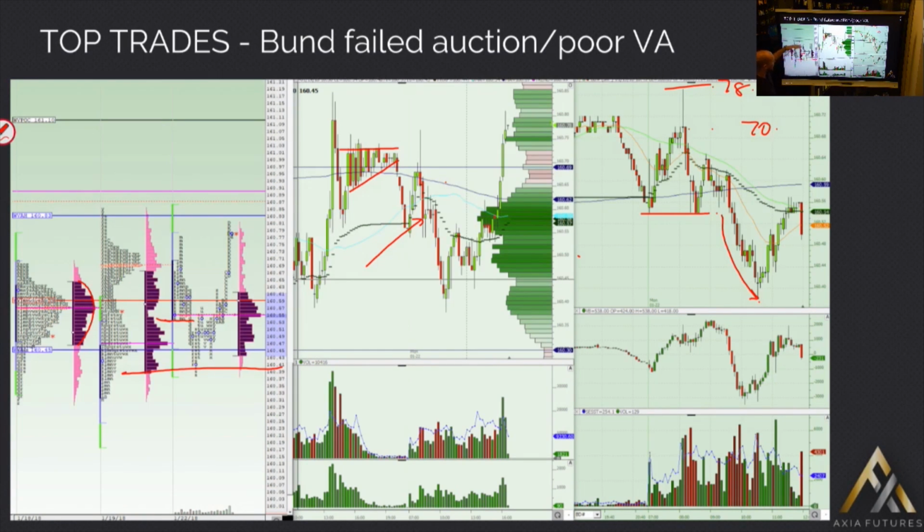We got the fill out of the poor value area. However, it's how you get into these trades, and using these shorter time frames to allow you to access a trade that you always felt was there gives you some of the best risk reward. If you wait too long for confirmation, you can often end up missing out on the whole trade, or certainly a large chunk of the trade.